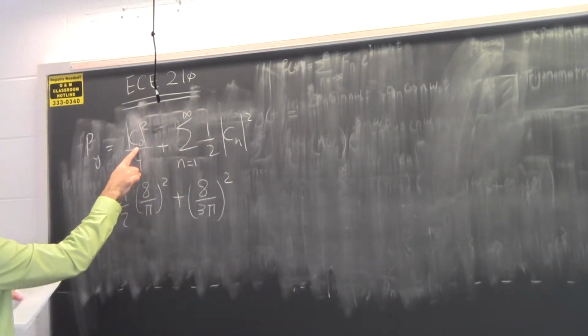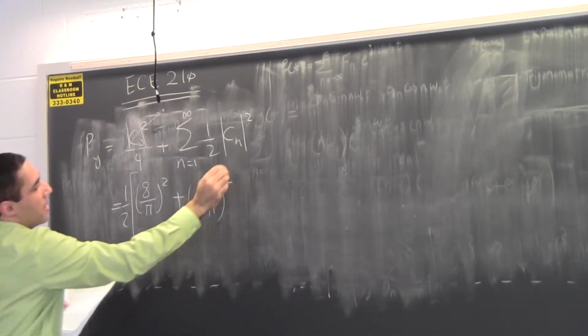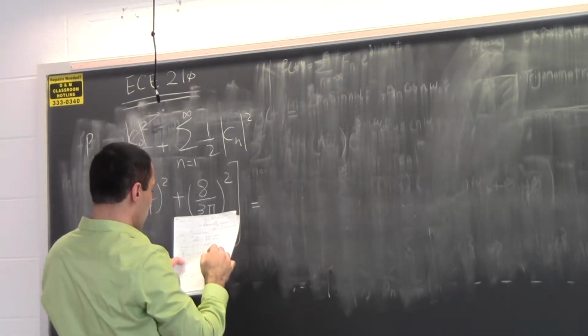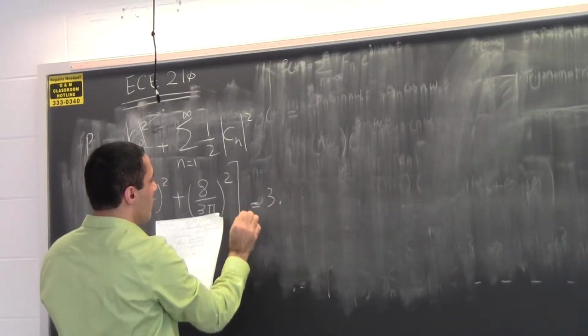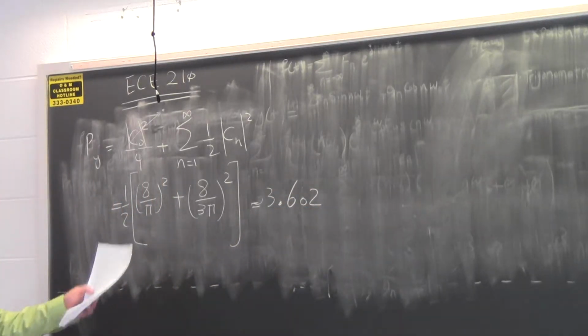And this guy, C0, is 0 for this case. There is no C0. Okay? And if I do this calculation on the calculator, this is 3.602.